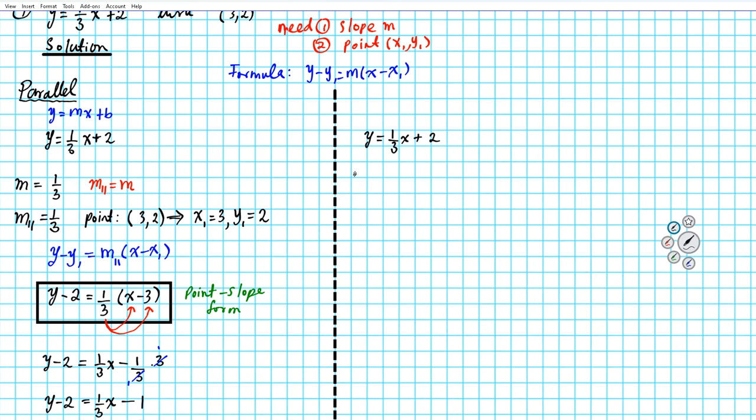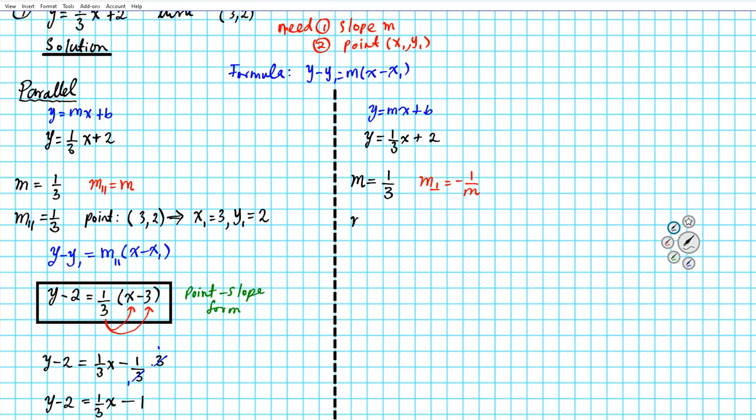We need the slope of this line. To get it, we're going to use the y equals mx plus b formula. m is the coefficient of x, so m is 1/3. So what's the slope of the associated perpendicular line, m perpendicular? Well, it is the negative reciprocal of the slope of the original line.